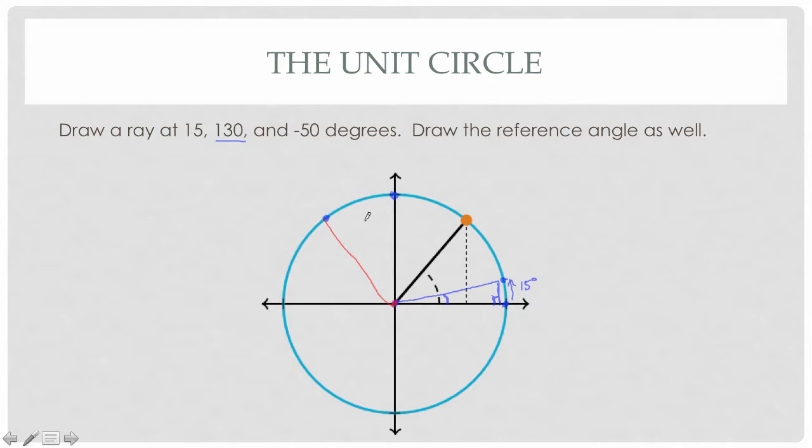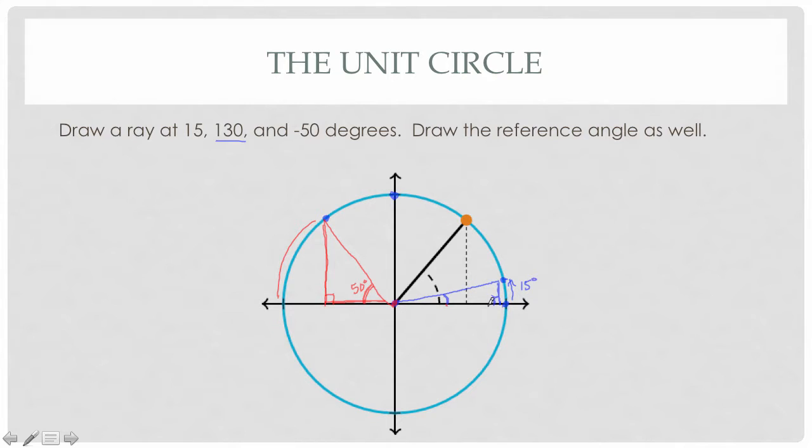But the reference angle is from the horizontal line. So instead of going an angle all the way over, I draw a line straight down. And the reference angle is right here. This is going to be from 180 to 130. This is going to be 50 degrees right here. And then there's my horizontal component. And there's my vertical component to my right triangle.